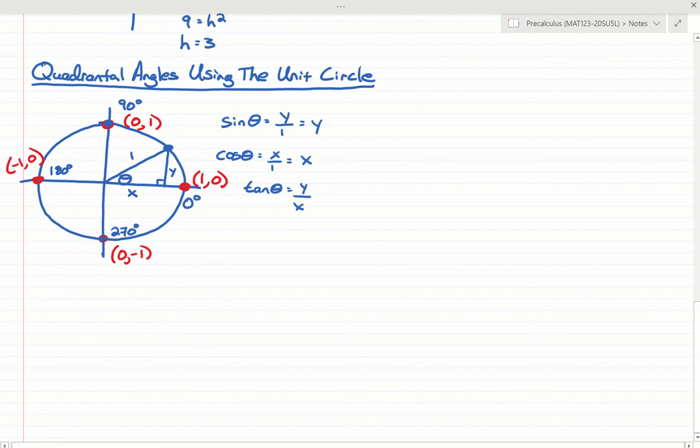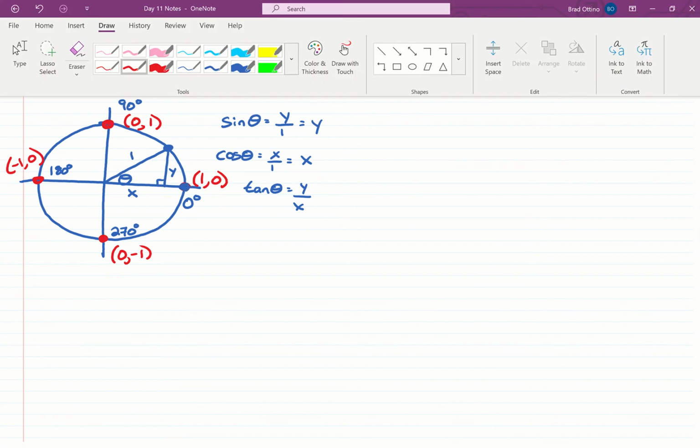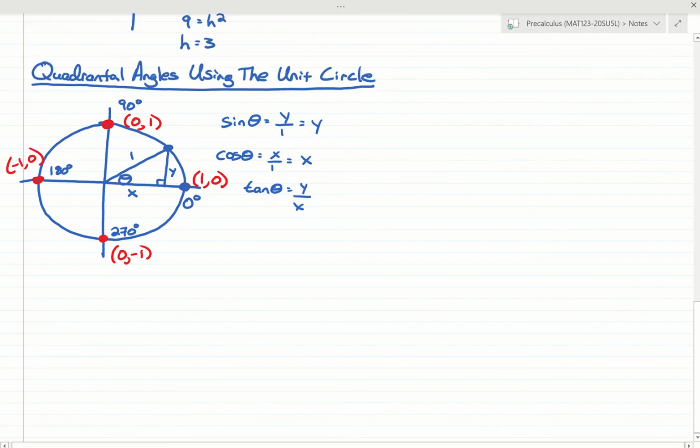So, if I asked you to find, let's say, the sine of 90 degrees, the sine is the y value at 90 degrees. The y value would be 1.